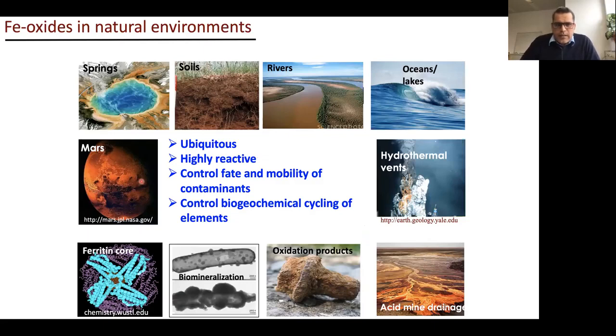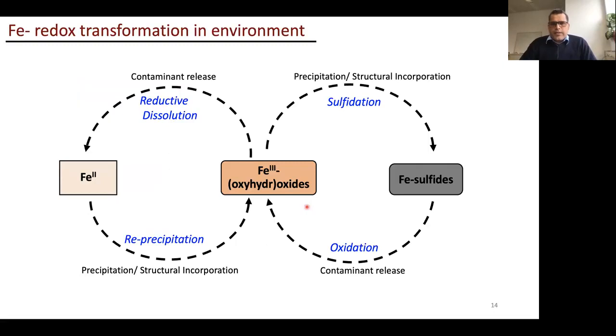From deep hydrothermal vents all the way up to Mars and everything in between, more or less has iron, and it heavily impacts our environmental processes, particularly the fate of contaminants and nutrients in the environment. So iron redox cycling is really important for our part of research that we all enjoy. And the main focus here is that iron redox cycling has two parts.